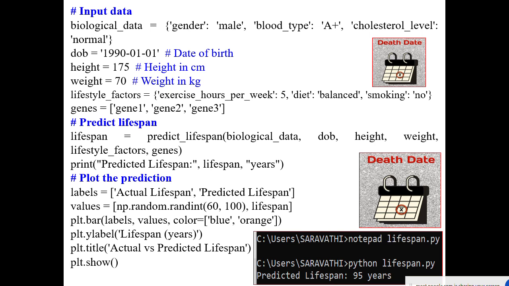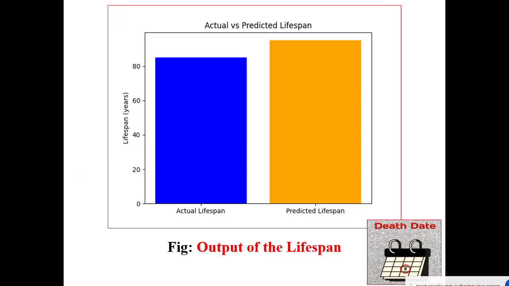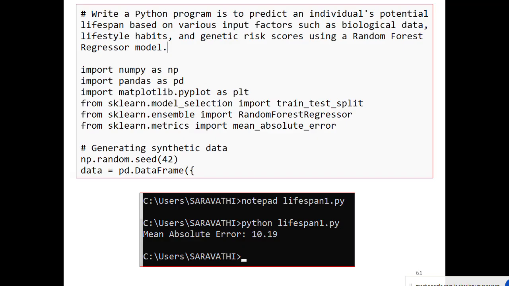Depending on the healthy person input details we have given, the predicted lifespan is 95 years. In the same program you can see here, the actual lifespan is 85 and the predicted lifespan is 95 years. Then the same program, finding the features by using the random forest algorithm.